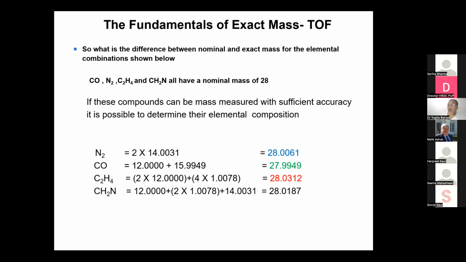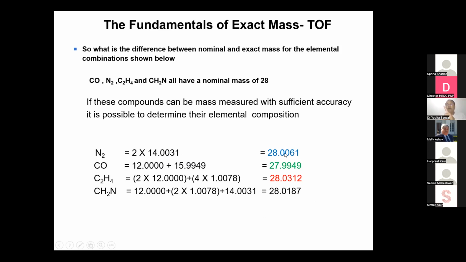They have a nominal mass of 28, but the exact mass of nitrogen is not 14, it is 14.0031. Similarly, the exact mass of carbon up to four decimal points is different. The exact mass of nitrogen is 28.0061, for carbon monoxide 27.9949, and so on. So all four components have different exact masses.